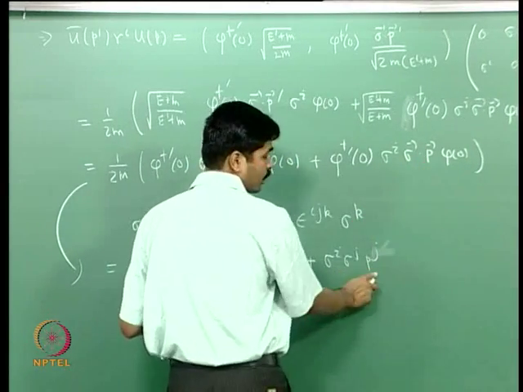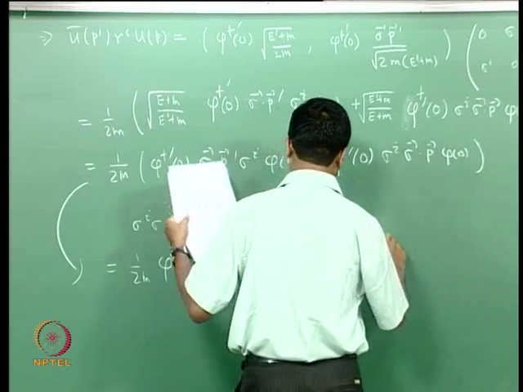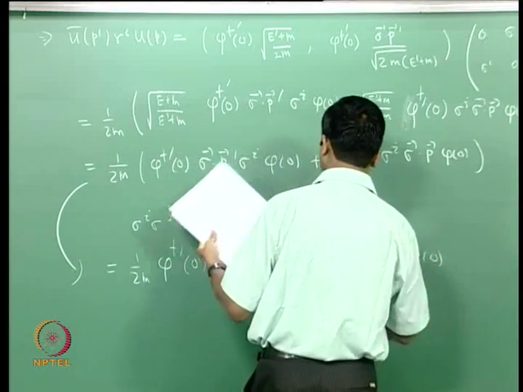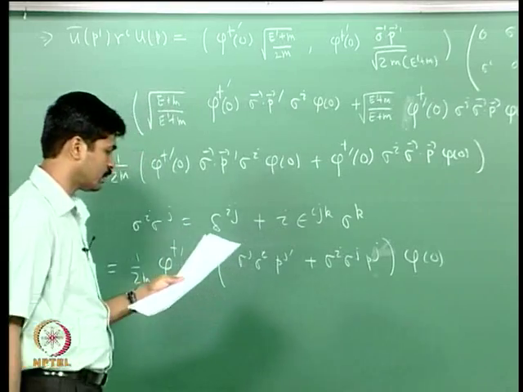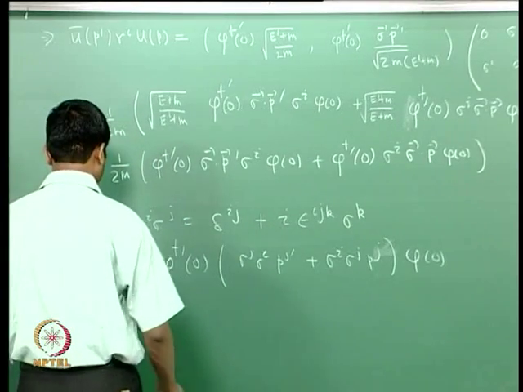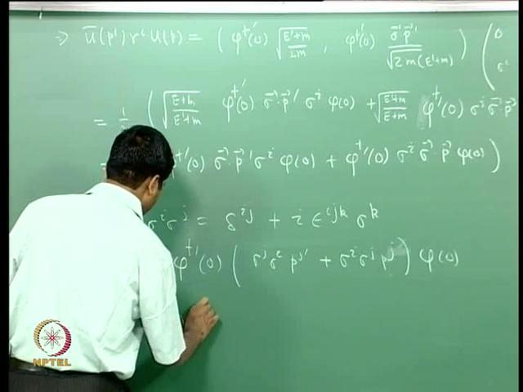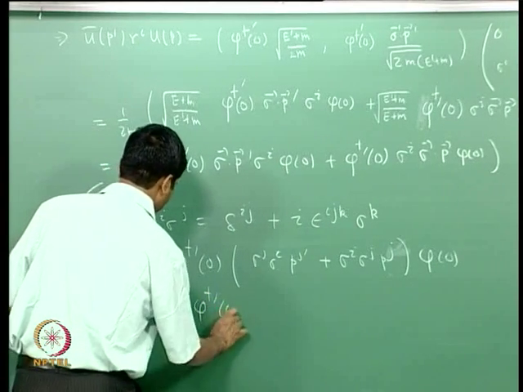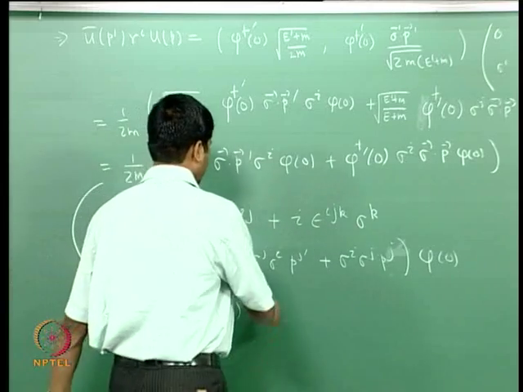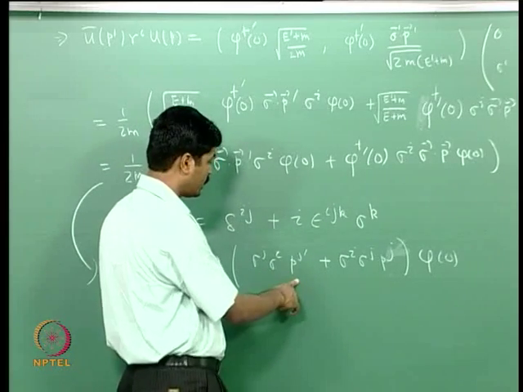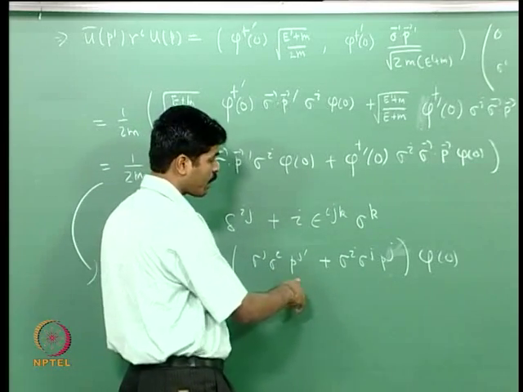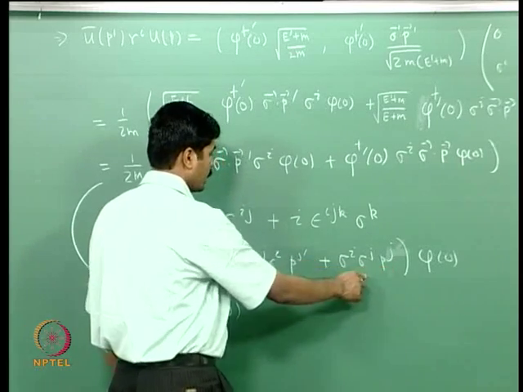Sigma dot p is sigma j p j phi of 0. Use this formula, then I will simply get 1 over 2m phi dagger prime of 0. This will give me 1 delta i j. So, this will be p prime i, this will also give me a p i.